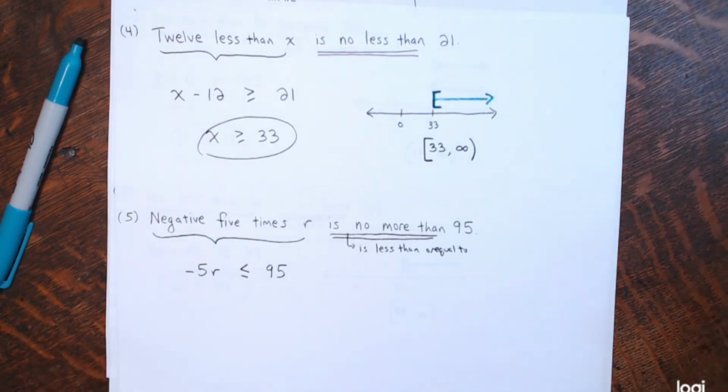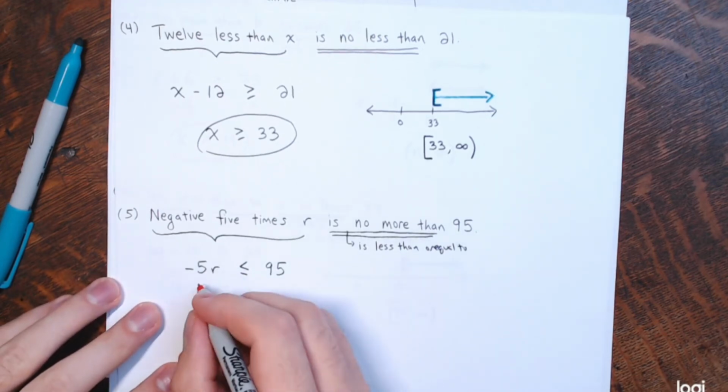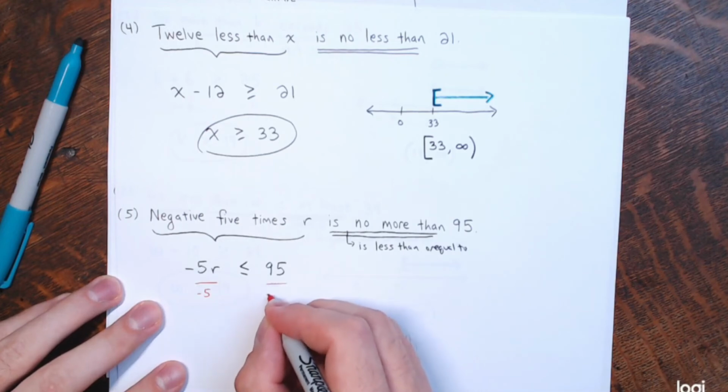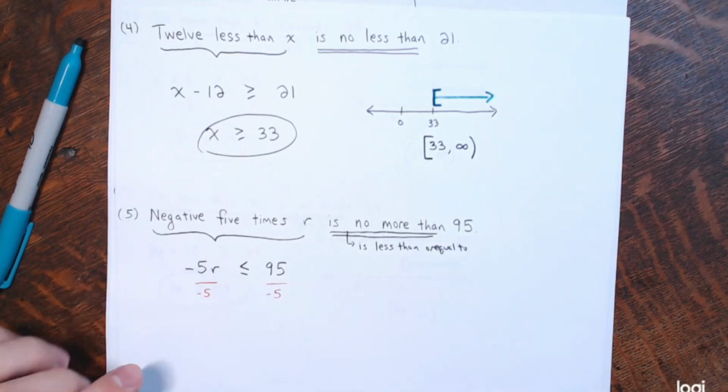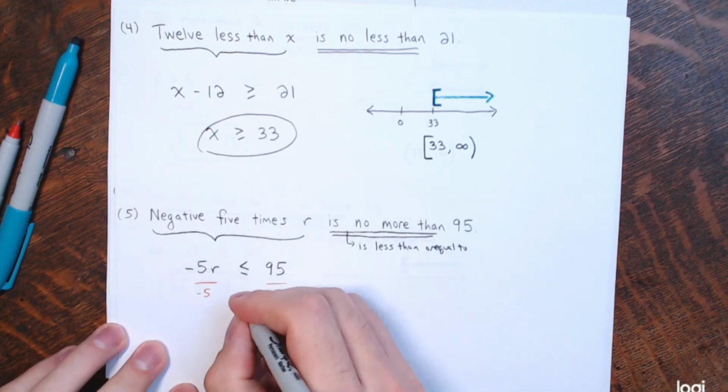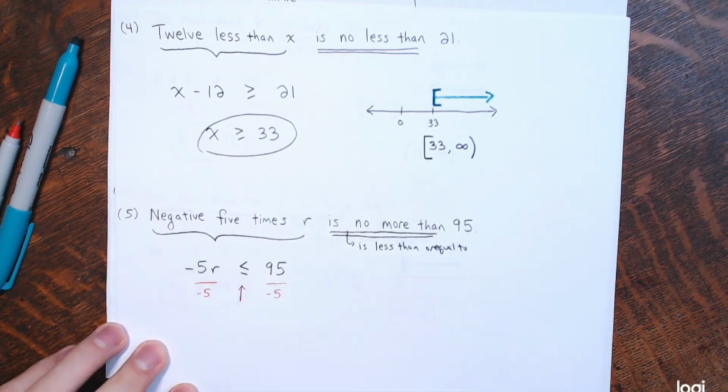Now, this one's a little trickier, because if I want r alone, I need to divide by negative 5 on both sides. And this is that case where, if you multiply or divide both sides of an inequality by a negative number, that's when the direction of the inequality will change.